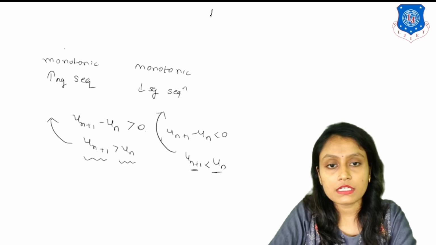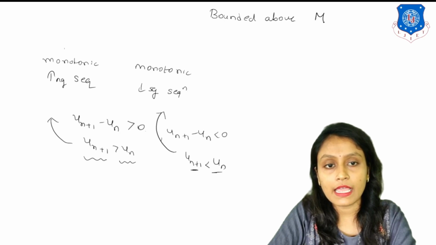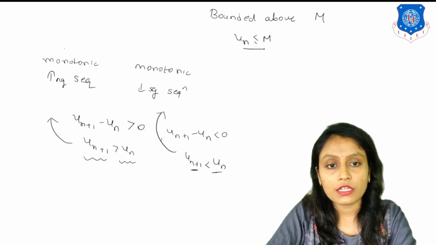And then we studied bounded above. If we have capital M such that all the terms of un are less or equal to this capital M, then we can say that the sequence is bounded above.